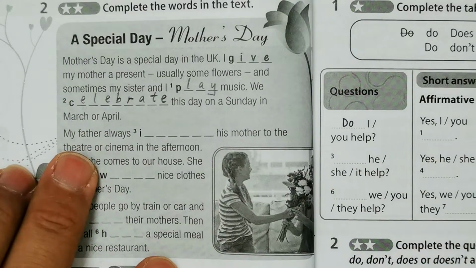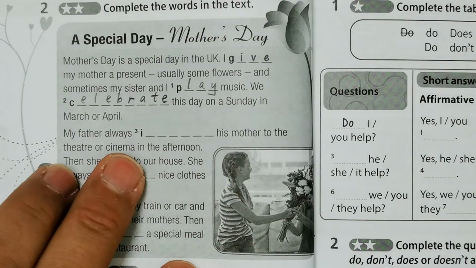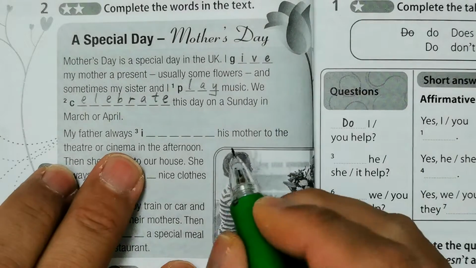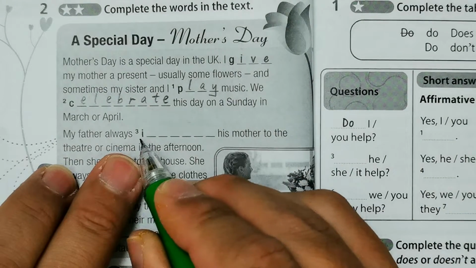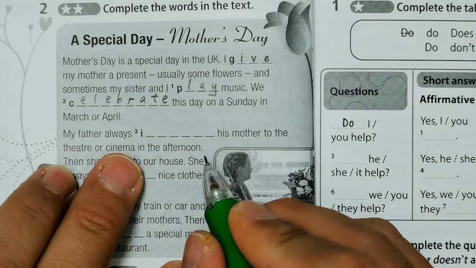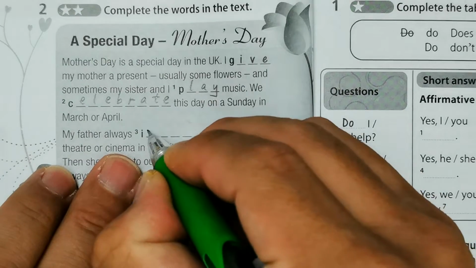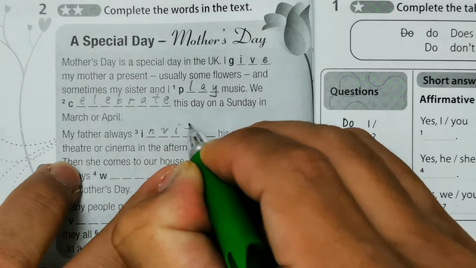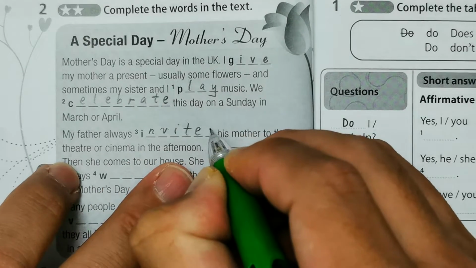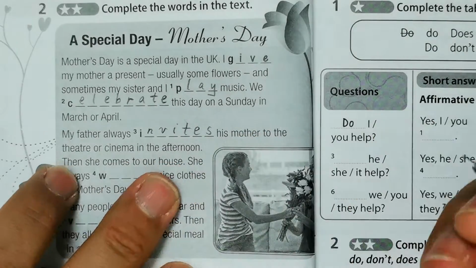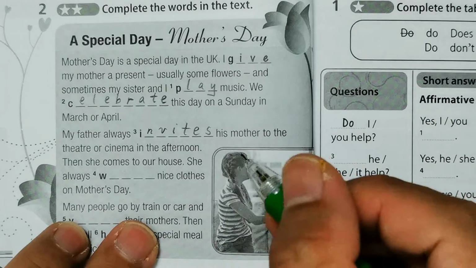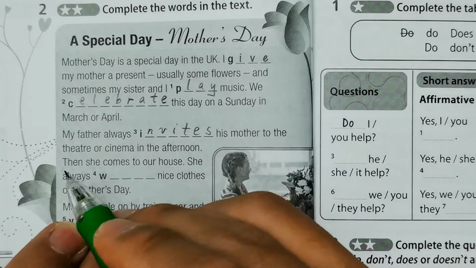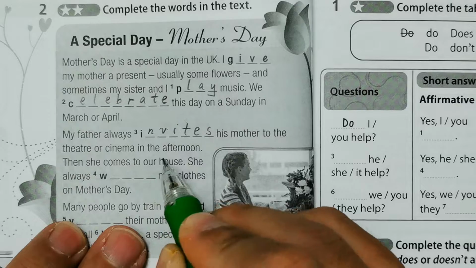And then the next paragraph, my father always invites, with an s, his mother to the theater or cinema in the afternoon.